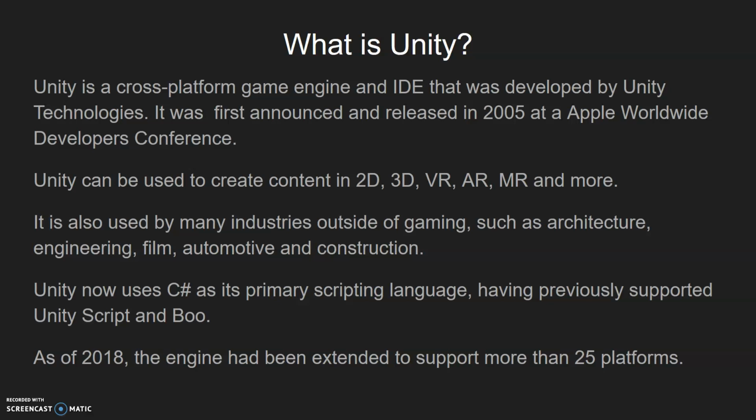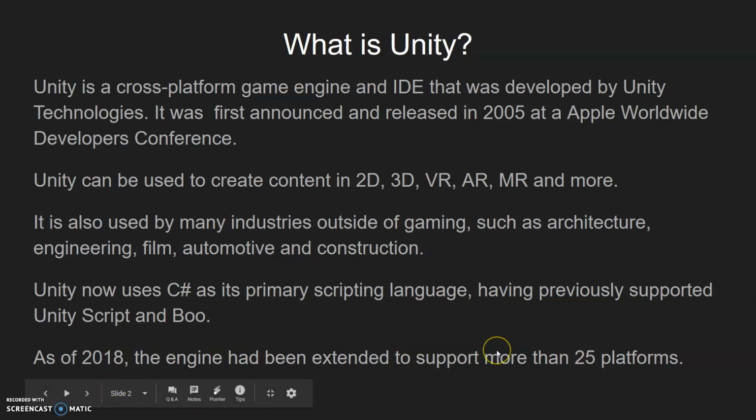They used to previously support Unity Script, which was a JavaScript hybrid language, and another language called Boo, but these days, they essentially just support C#. And as of 2018, their platform had been extended to support more than 25 platforms, which is amazing.